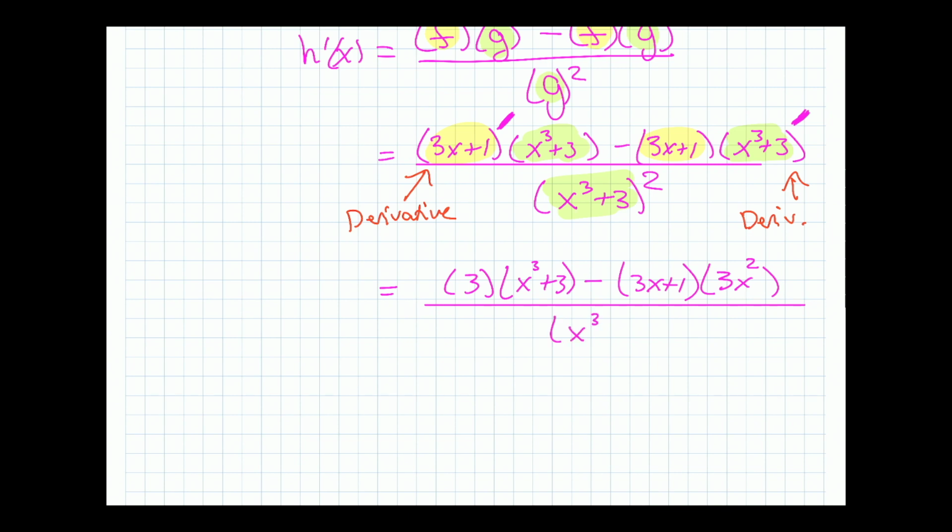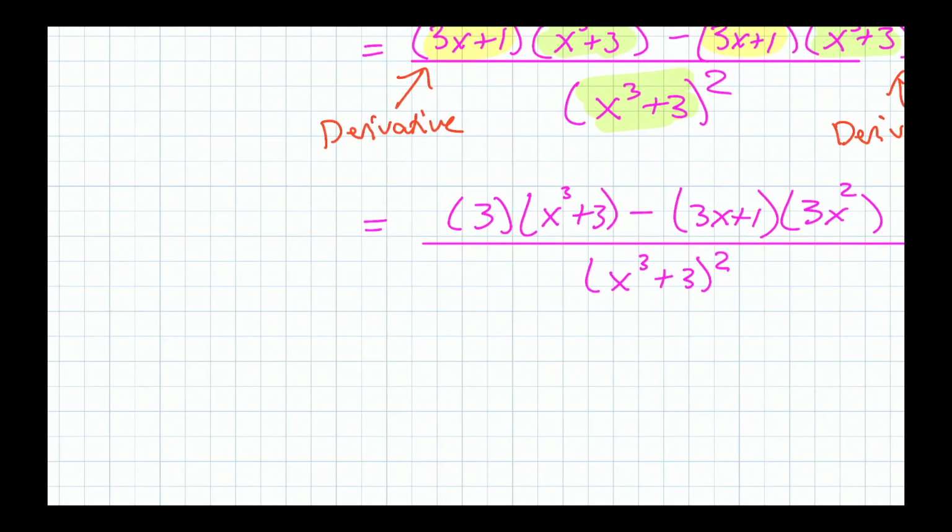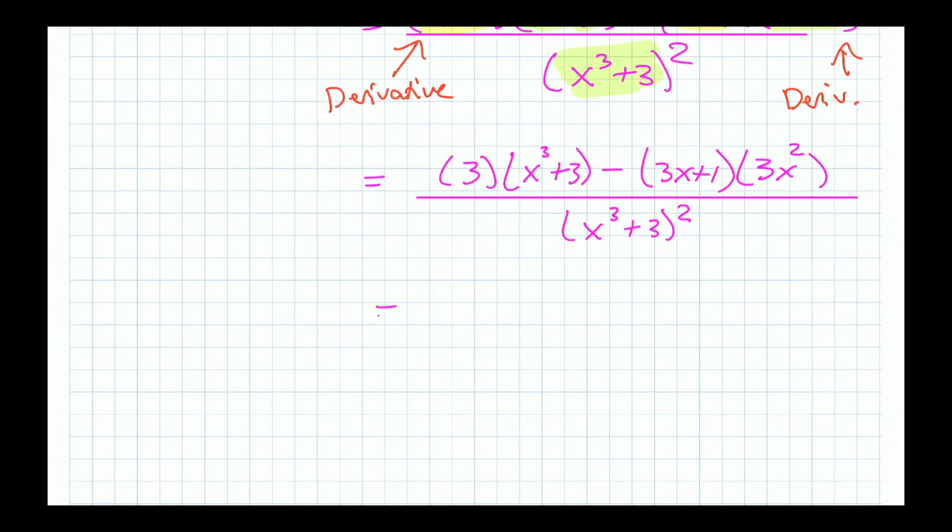Then in the denominator, you've got this. What are we going to do? Nothing. Don't bother multiplying that out unless you got a reason to, which we do not. So just leave it the way it is in the denominator. In the numerator, we should still multiply this out. So you're going to want to distribute that and distribute that, and be careful with that minus sign in the middle.